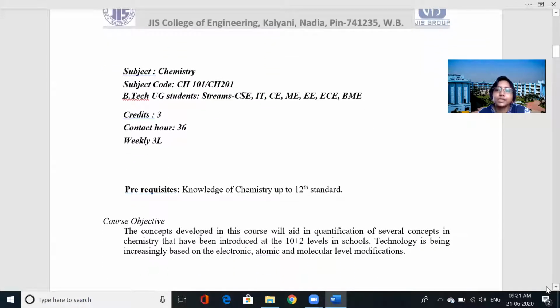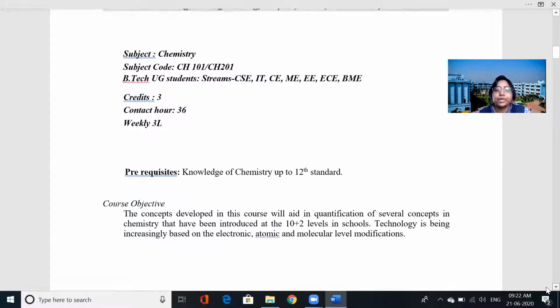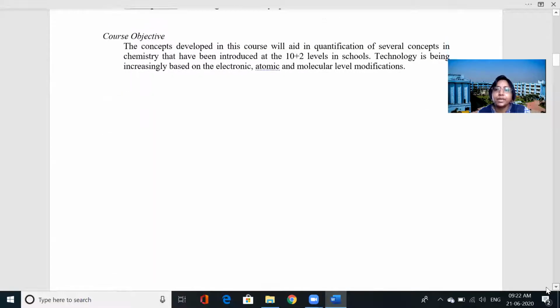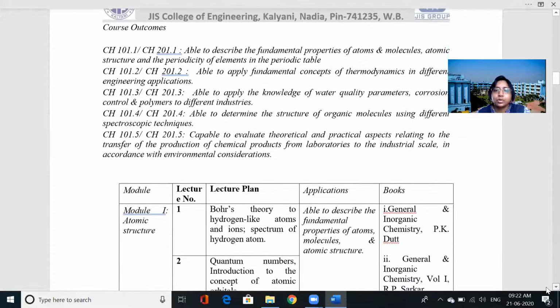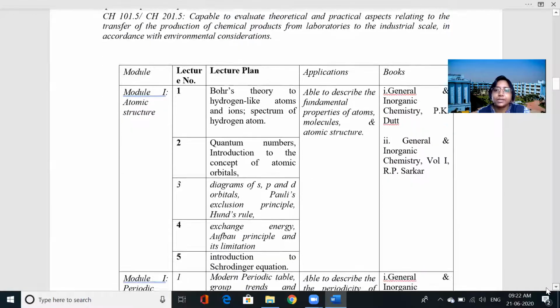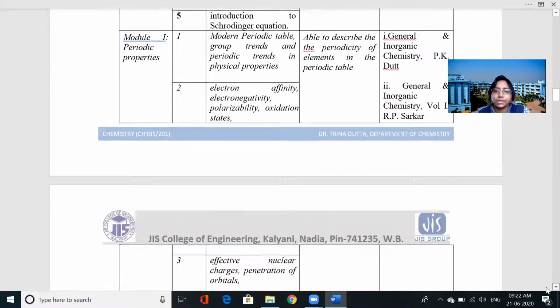To understand this course, the prerequisite knowledge required is the 12th standard, and you will learn the concept of chemistry, basically the concept of materials. The course outcome and the entire syllabus are given here.